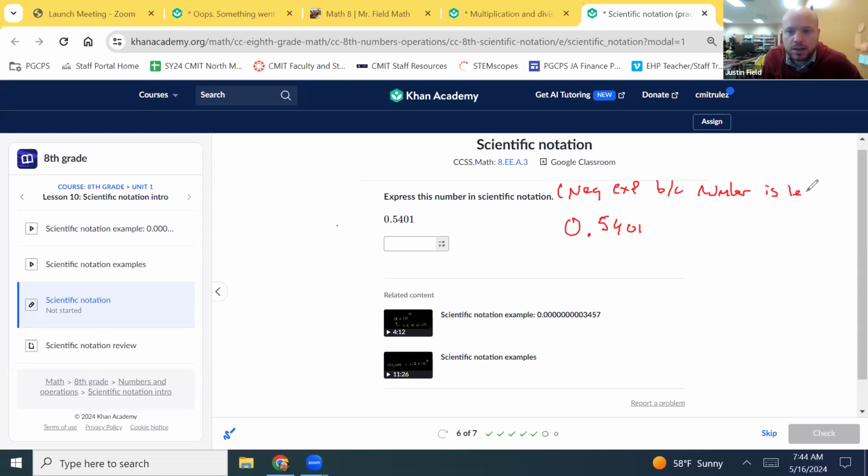Okay, so in order to get it into scientific notation, I need to have a ones place. So that means I need to move that decimal point 1 time, which means my exponent is going to be negative 1 because I had to move it 1 time.